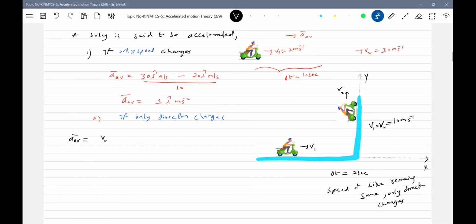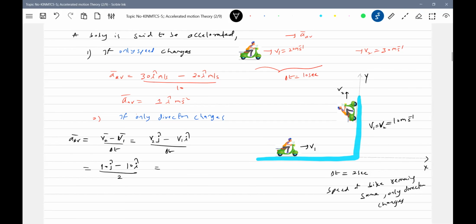Average acceleration is equal to V2 bar minus V1 bar by delta T. What is V2 bar? V2 j cap, V j cap, minus V1 i cap, by delta T. So what is V2? 10 j cap minus 10 i cap. Delta T is how much? 2 seconds.